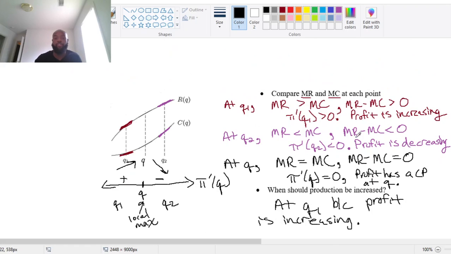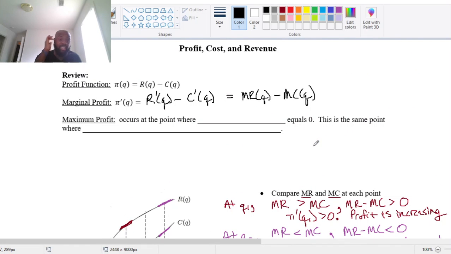And so what we've found here is that maximum profit occurs at the point where marginal profit equals 0, right? Pi prime, marginal profit, is pi prime of Q. This is the same point where marginal revenue equals marginal cost.